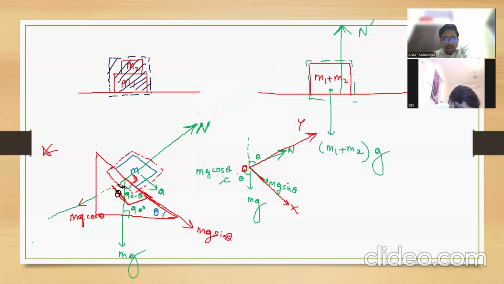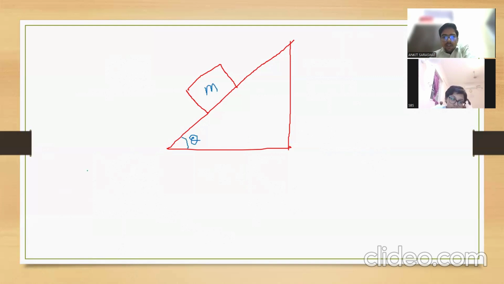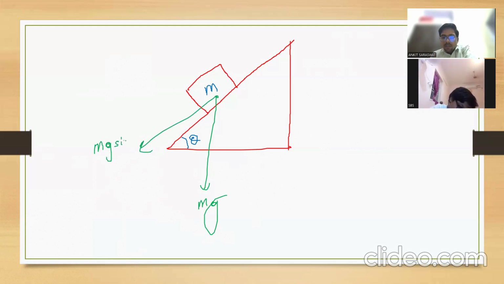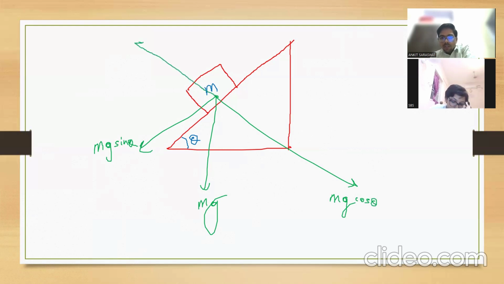If you look back, mg sin theta will be parallel to the surface, and mg cos theta is perpendicular to the surface. You will draw mg like this. mg sin theta is parallel to the surface like this, and this is mg cos theta. And perpendicular to the surface, normal is there.